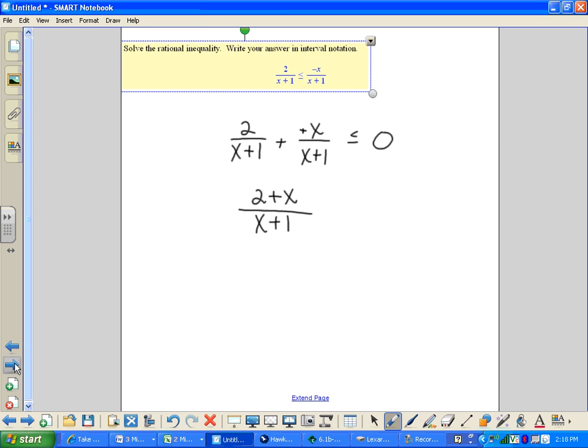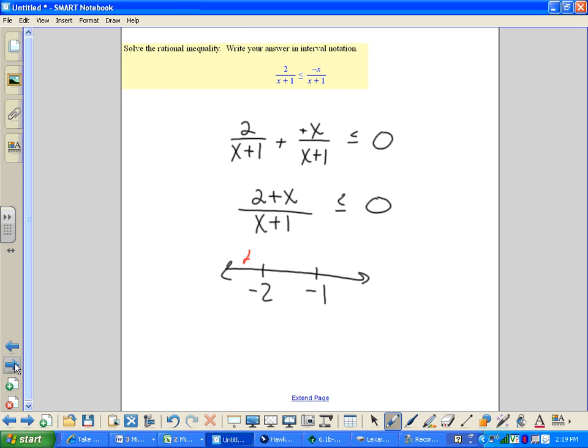Okay, so let's do some critical points here. My critical points would be -2 and -1. Okay, so let's start testing some values. So over here, starting with the left side, I could choose -3. So I'll get 2 plus -3 over -3 plus 1.